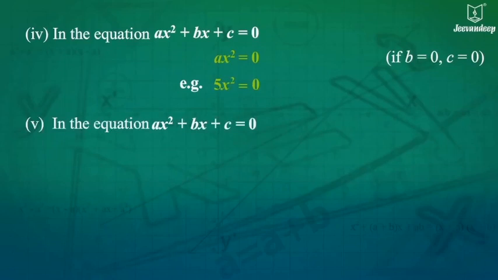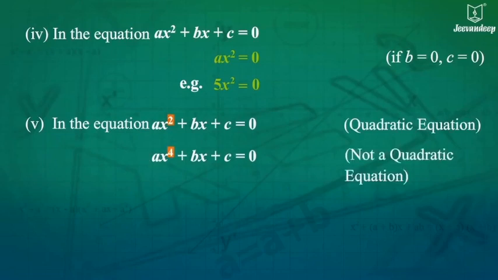But if the highest index of variable x is more than 2 or less than 2, then it is not a quadratic equation. For example, y raised to the power 4 minus 4y raised to the power 3 plus 3 equals 0.